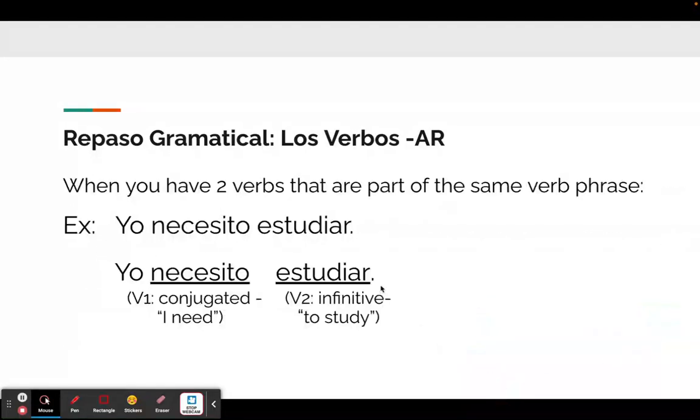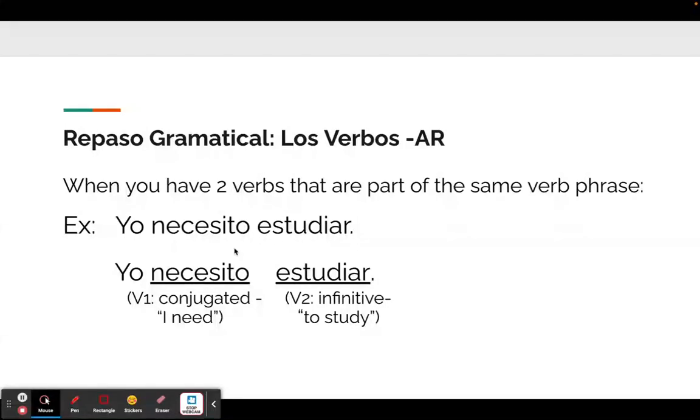Okay, so now we're going to look at what happens when you have two verbs that are part of the same verb phrase. So, for example, yo necesito estudiar. So, necesitar is a verb itself, it's an AR verb. And we have estudiar, which we know is also a verb.